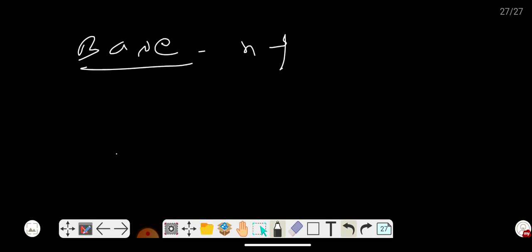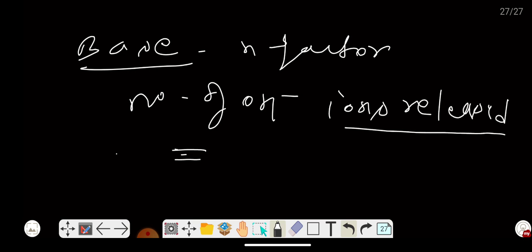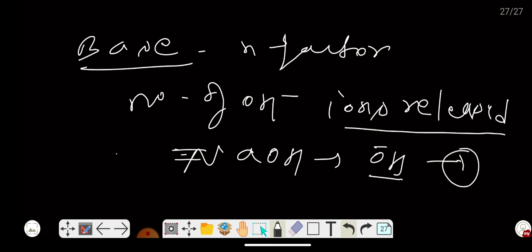Now for bases, the n factor is the number of OH minus ions released. Suppose we have the base NaOH; here one OH minus ion is released, so the n factor will be 1.